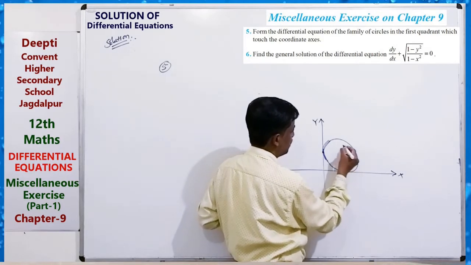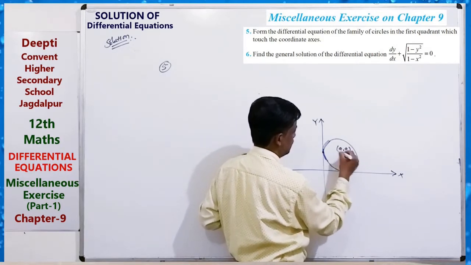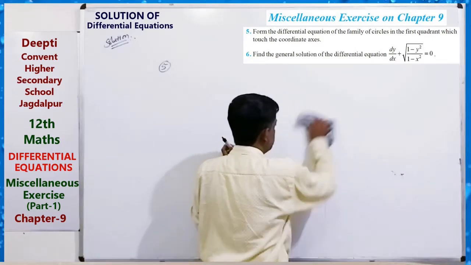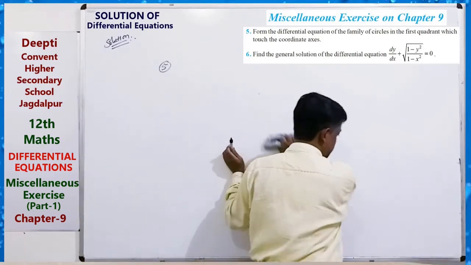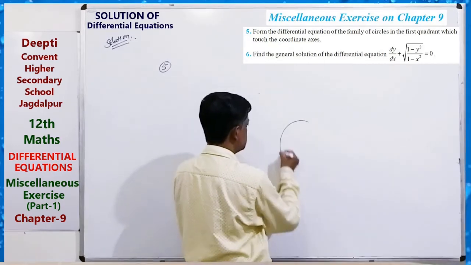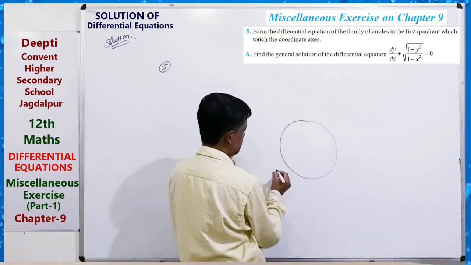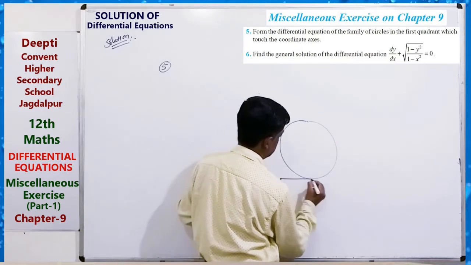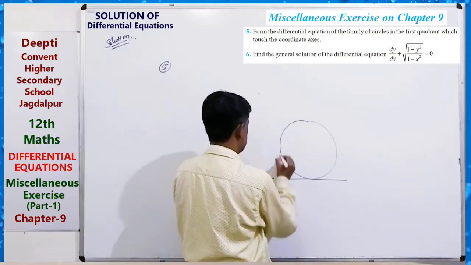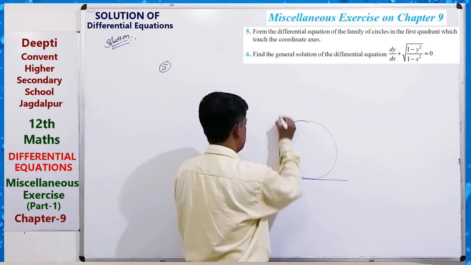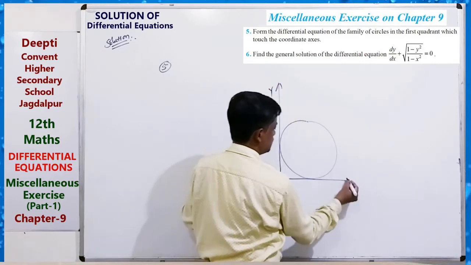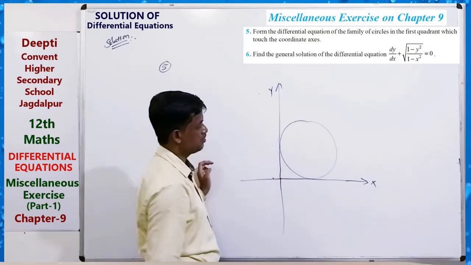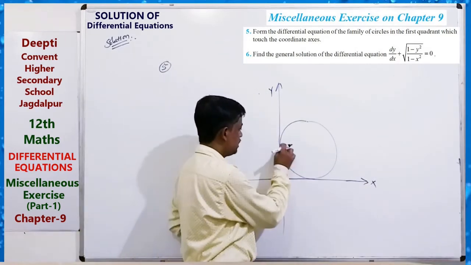So the center will be (a, a). Clear? Suppose this is a circle; it touches here and also here.